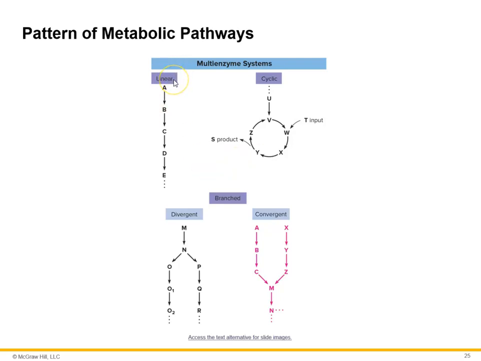Here's a linear pathway. This is very easy to follow, and we'll see a linear pathway when we go over glycolysis in a moment. And then the pathways can diverge, they can converge. It just depends on the needs of the organism.